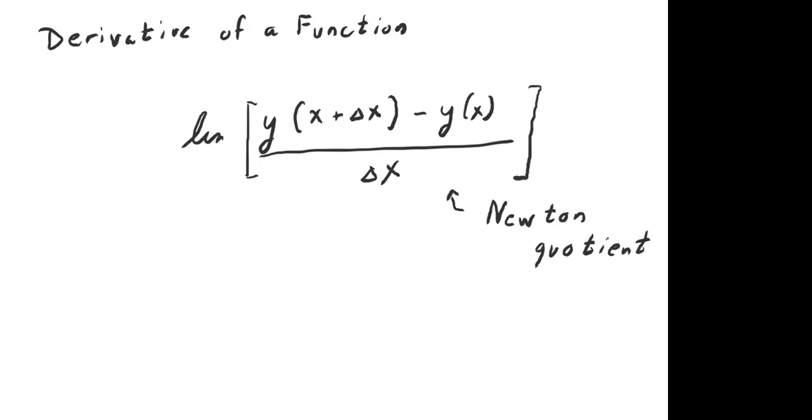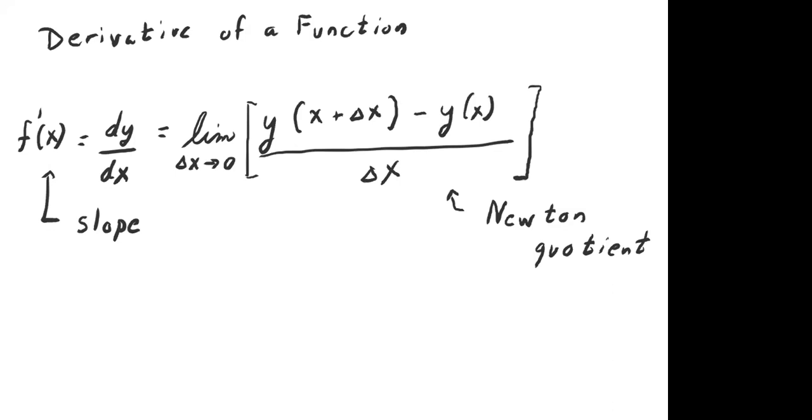Now, if you take the limit as delta x gets smaller and smaller, then you get the derivative of the function with respect to x, or another way of writing that is just f prime. And what is this? It is simply the slope of your curve or graph at some point. Okay?